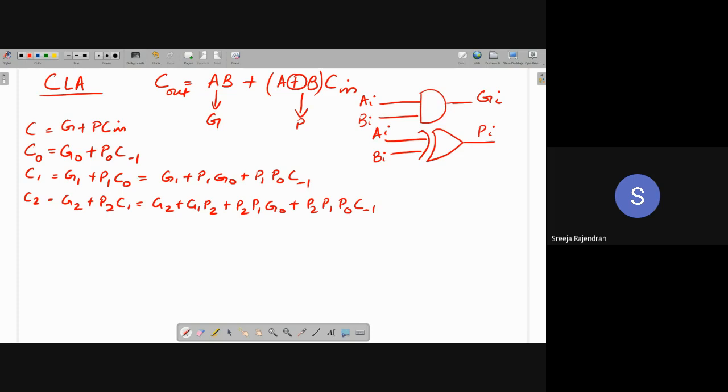Once that is generated, I have my carry look ahead adder logic. This is the carry look ahead adder logic, or I can call it carry generate. I'm going to generate each of my carries, so I call it carry generate.